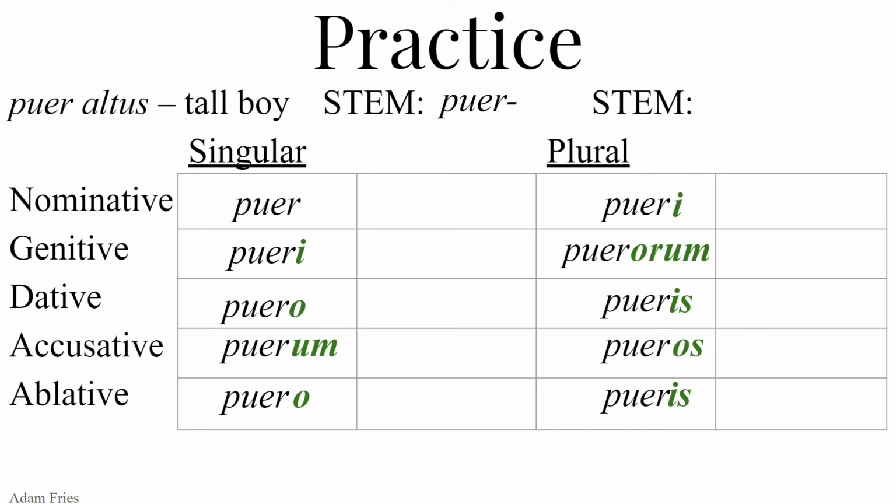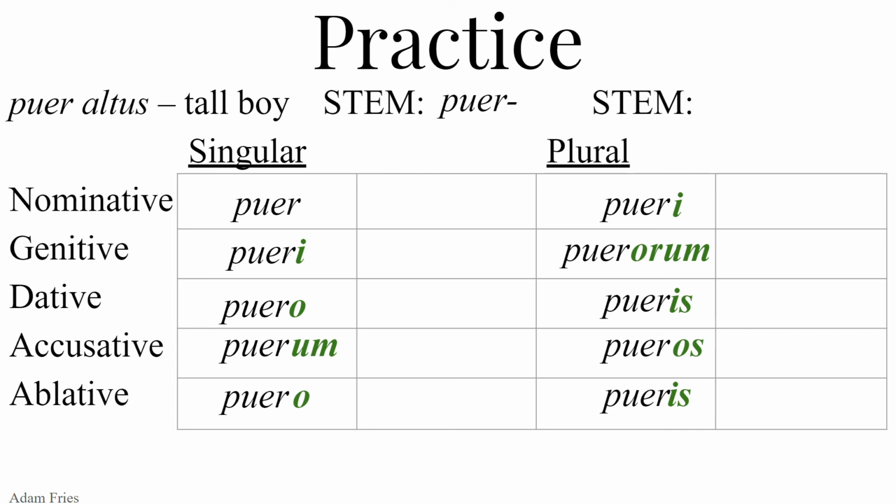All right, let's work on altus, the adjective. So it's altus, a, um. Now, because pueri is masculine, we want the masculine altus, us form. We don't want the feminine alta or the neuter altum form. We want altus. Therefore, the path of declension that altus will follow will be second declension masculine.